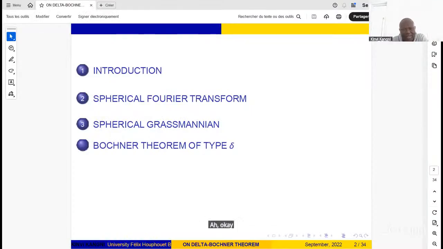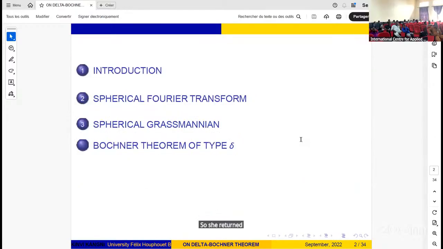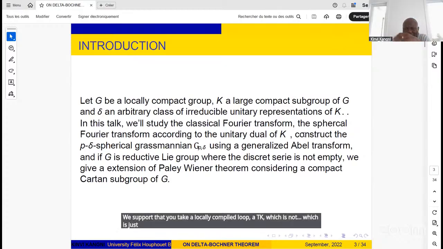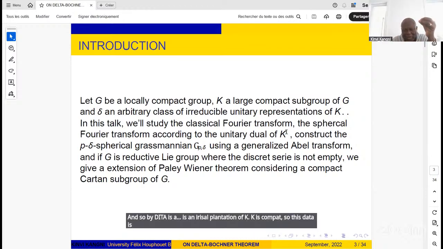Okay. We suppose that we take a locally compact group G, and K, which is a compact subgroup in G. And theta is an irreducible representation of K. K is compact, so theta is finite dimensional.